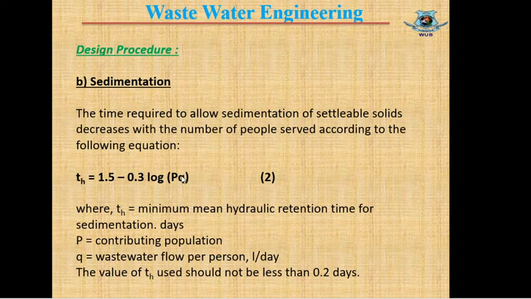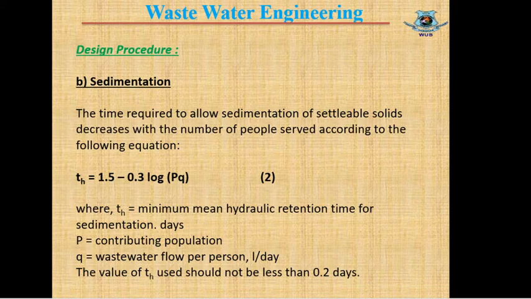From this equation we can say that if the number of population P increases, the time for sedimentation decreases. How is it possible that if more persons use this tank, the sedimentation time decreases? As an example, as more persons use the latrine, the excreta load in the tank increases, and as a result the density of the sludge will also increase.